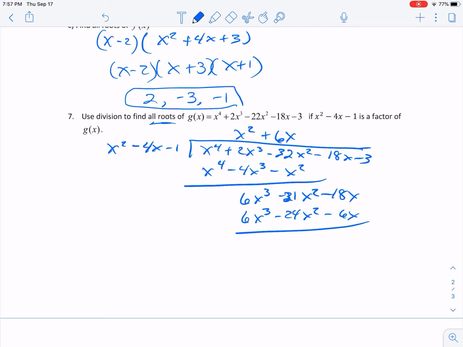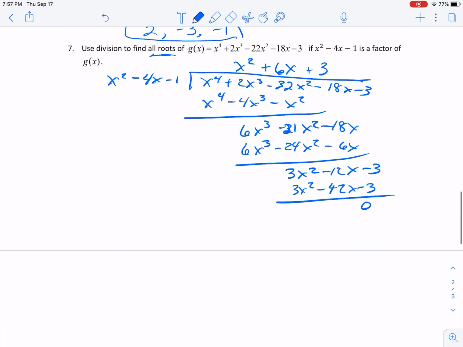I'm subtracting, so I get 3x squared minus 12x. Bring down the 3. I multiply by 3 and get 3x squared minus 12x minus 3, and it's 0. Okay, but remember, I'm finding roots, not factors. So here I have x squared minus 4x minus 1, and the other factor is x squared plus 6x plus 3.